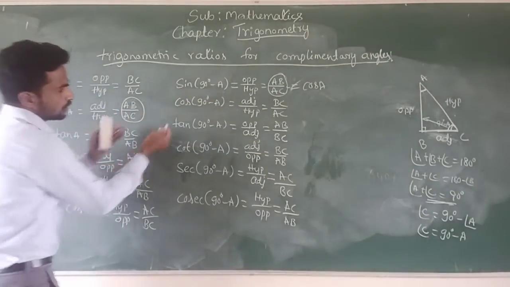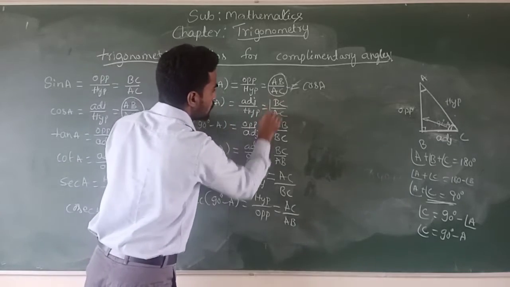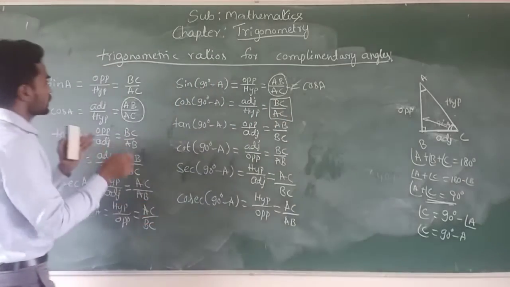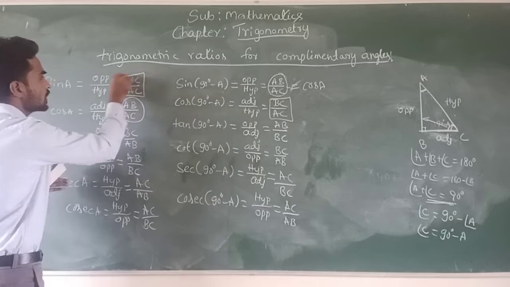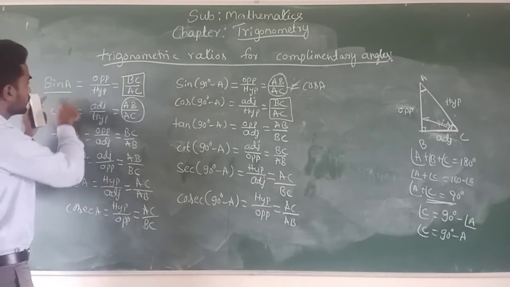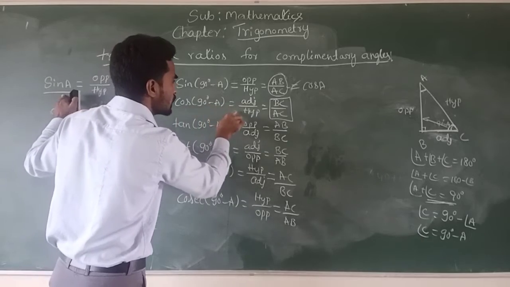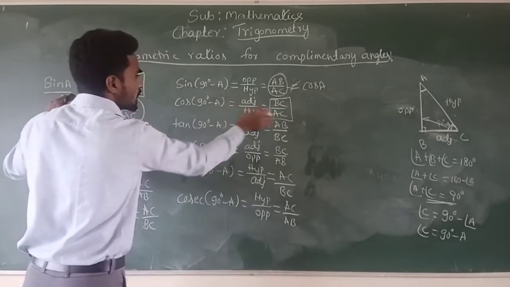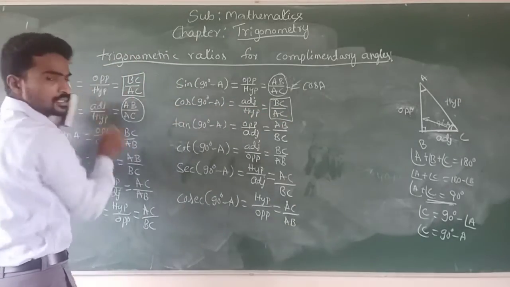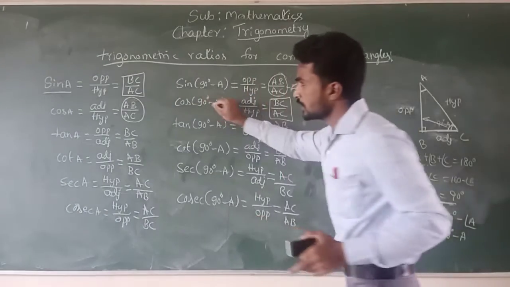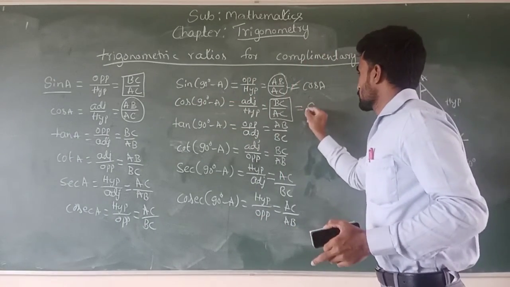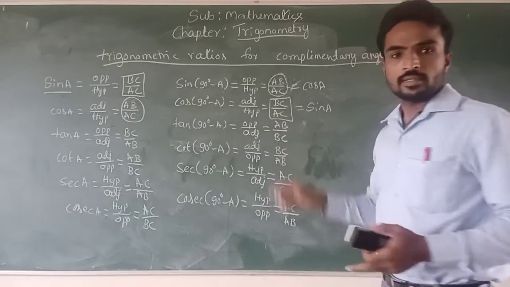Next, for cos of 90 degrees minus A we have BC divided by AC, and BC by AC is sin A. If the right sides are equal, then the left sides are equal. Then cos of 90 degrees minus A is equal to sin A.